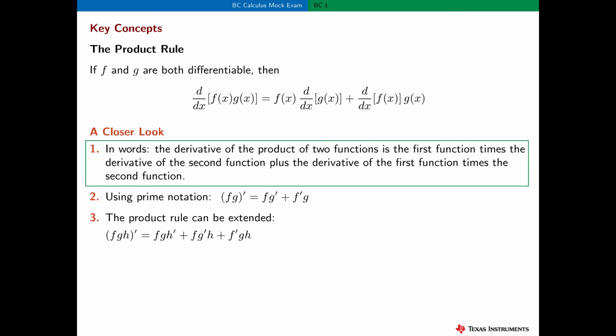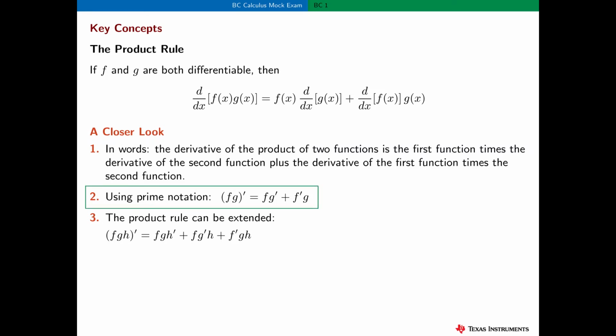And let's take a quick, closer look at this rule before we solve the problem. In words, this says the derivative of the product of two functions is the first function times the derivative of the second plus the derivative of the first function times the second function. And here's a way we can write the product rule more compactly using prime notation.